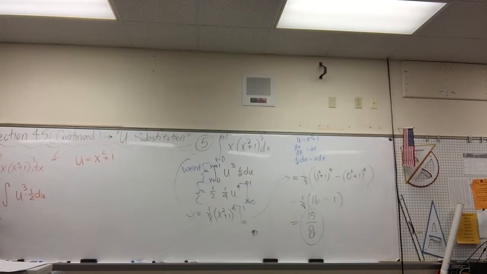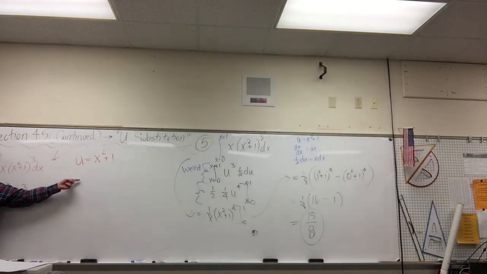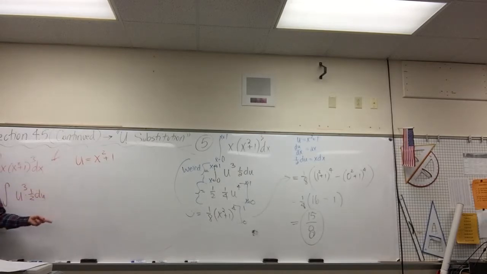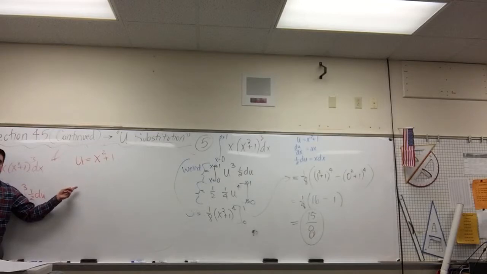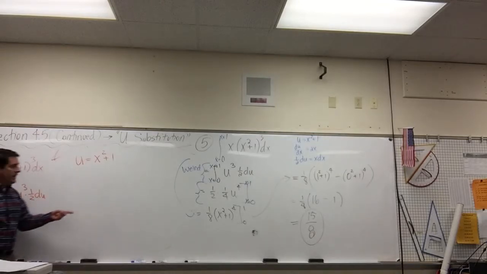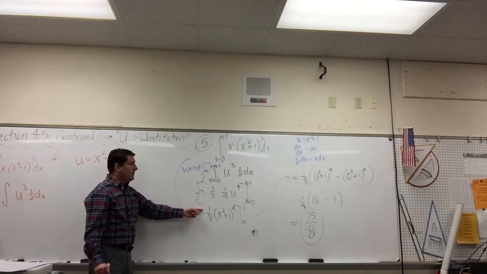But wait a second. We know the relationship between u and x. It's right there. This is a translator. It allows us to translate from an x to a u. In other words, I don't have to go to this weird place here.